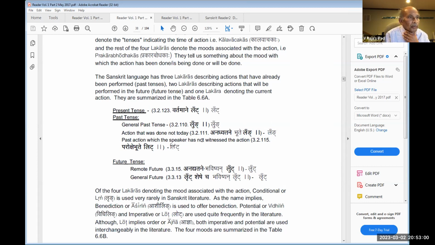What is common in the past tense is a past that happened a long time back, on which the speaker has no direct knowledge. A simple example is, you tell your children, your grandfather told you when you were a child, his grandfather, your grandfather's grandfather did this.